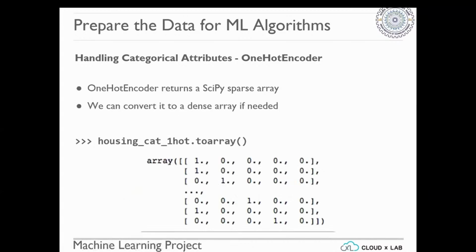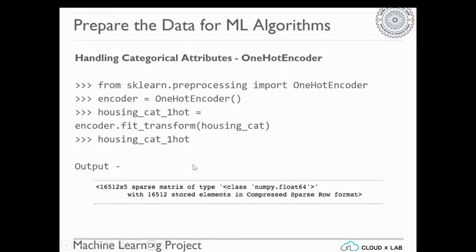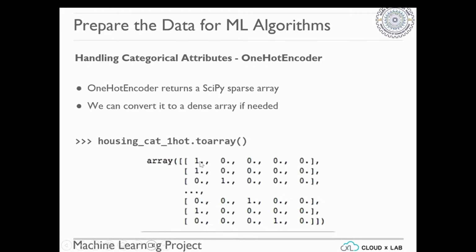We can convert this sparse matrix to a dense array, where the values are binary vectors, represented in the form of ones and zeros.